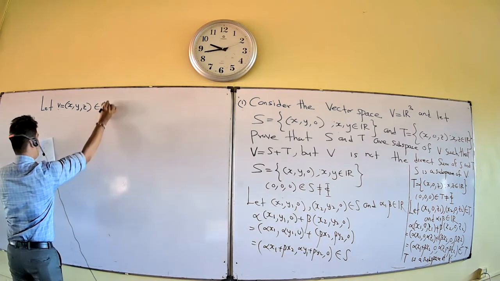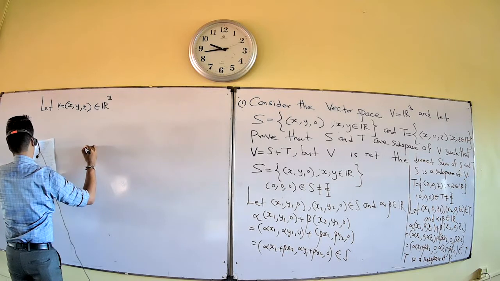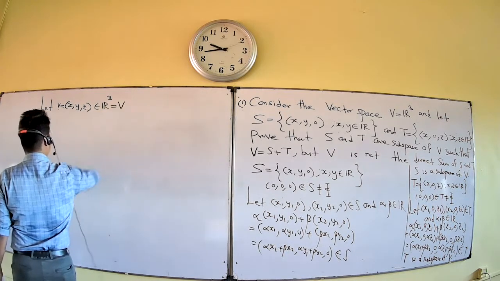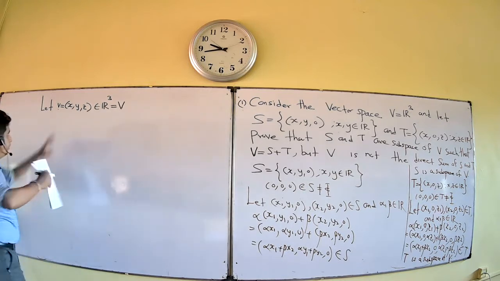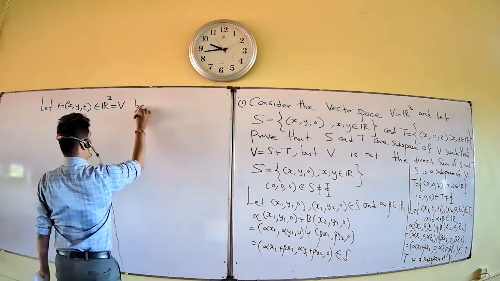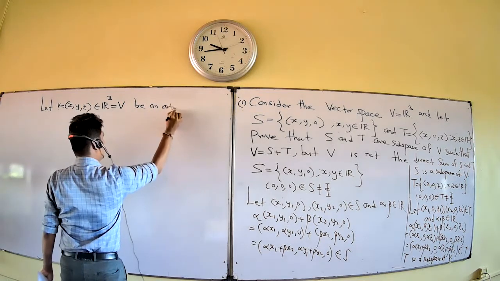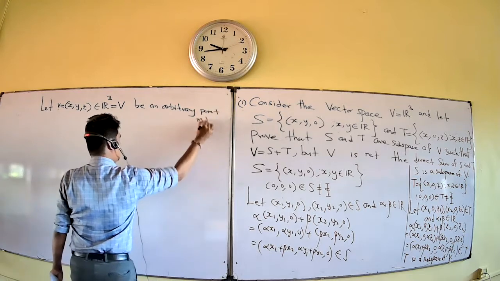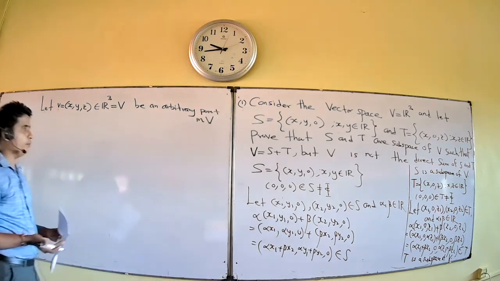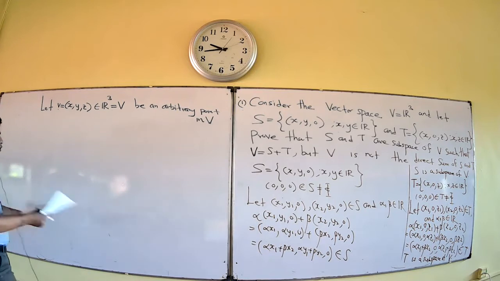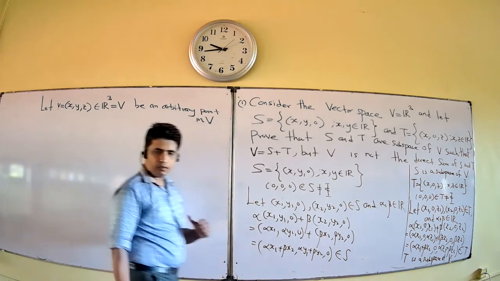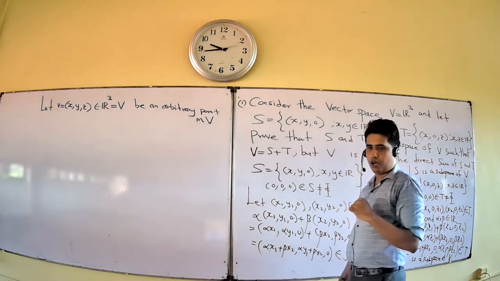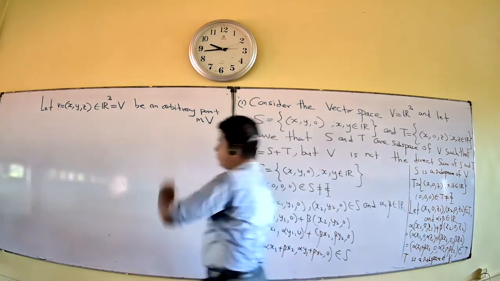Let it be an arbitrary point in B. If the result is true for an arbitrary point, then the result is true for all points. You want to check whether this result is true or false for an arbitrary point.